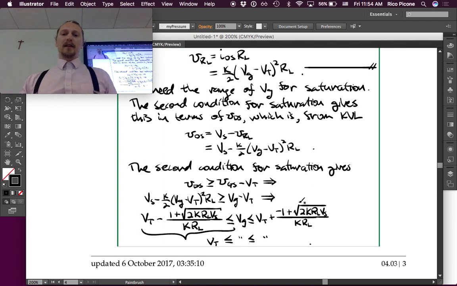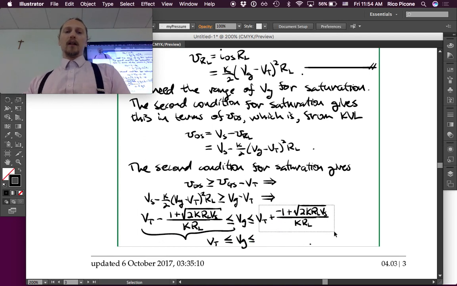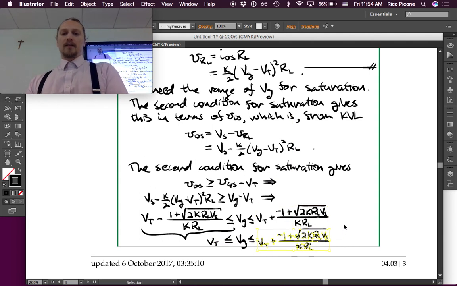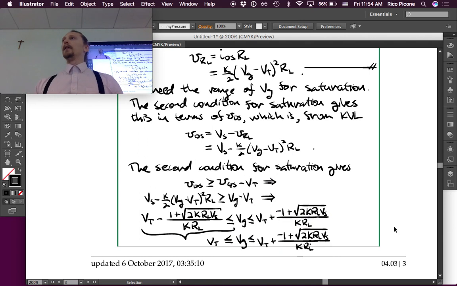Yeah, the second part is still all this. The double quotes just mean ditto. This is still VG, and then we would just rewrite all of this down here. So that's the full expression, and I just plugged in numbers for VT.